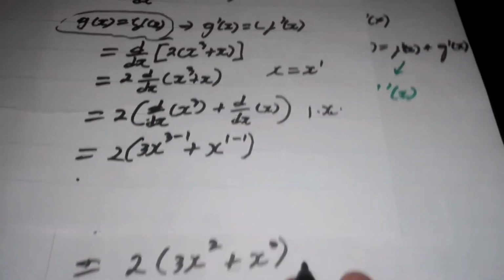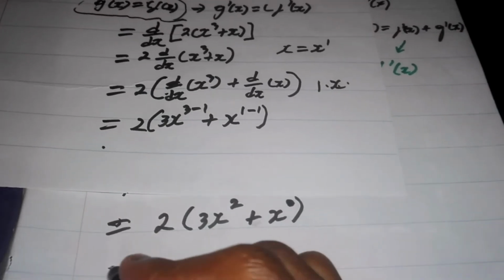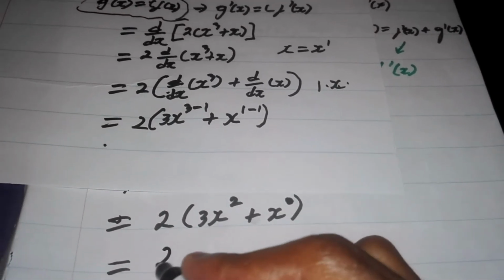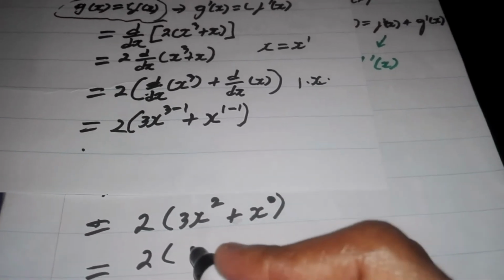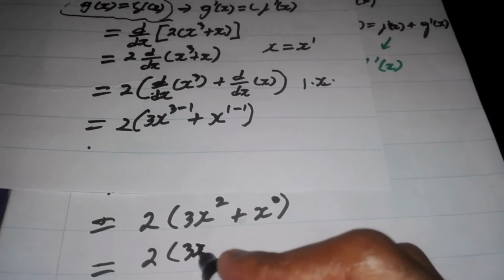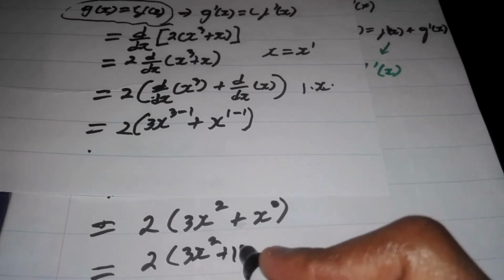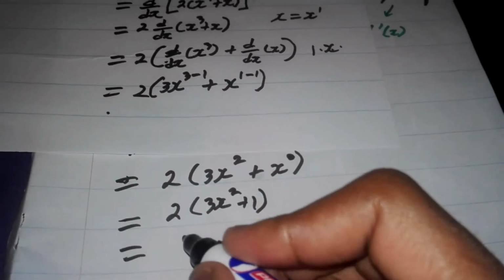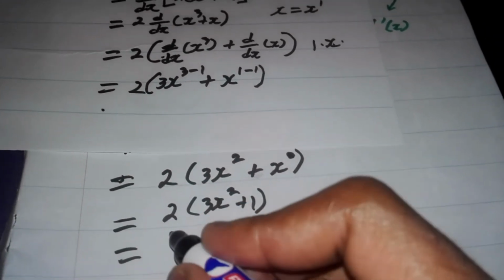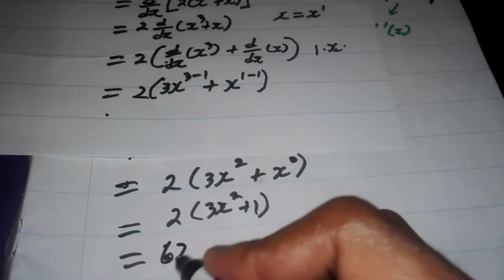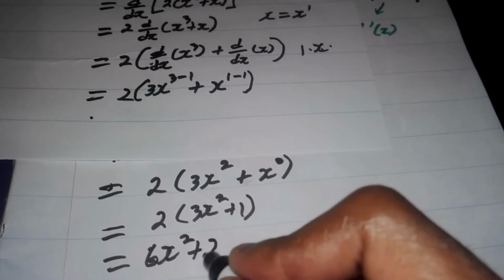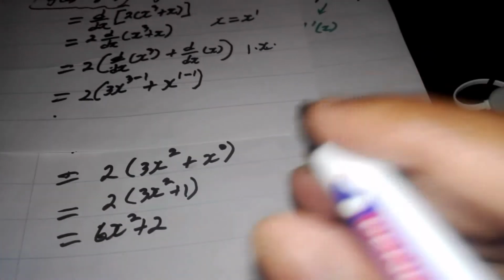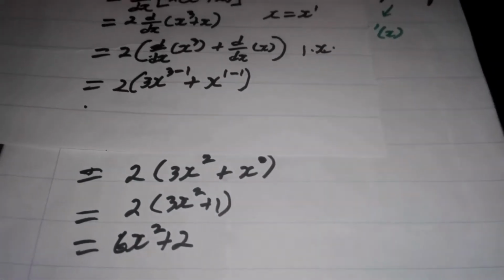Any number to the power 0 is the same as 1. So we have 2 times 3x squared plus 1. So we can simplify this: 2 times, so we'll have 6x squared plus 2. Wow, 2 is back now.